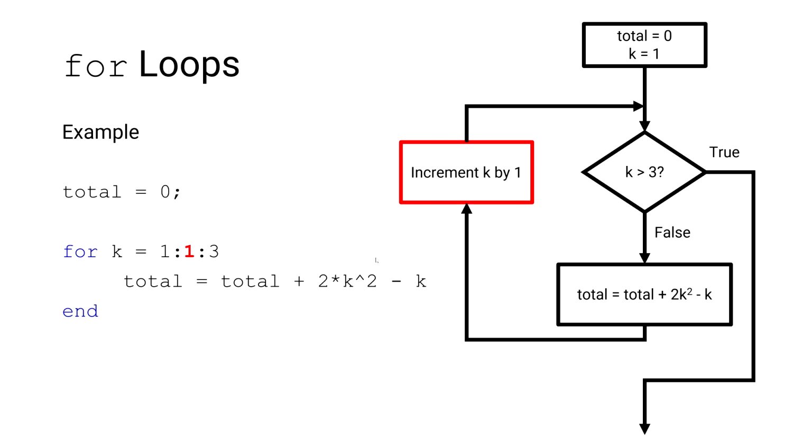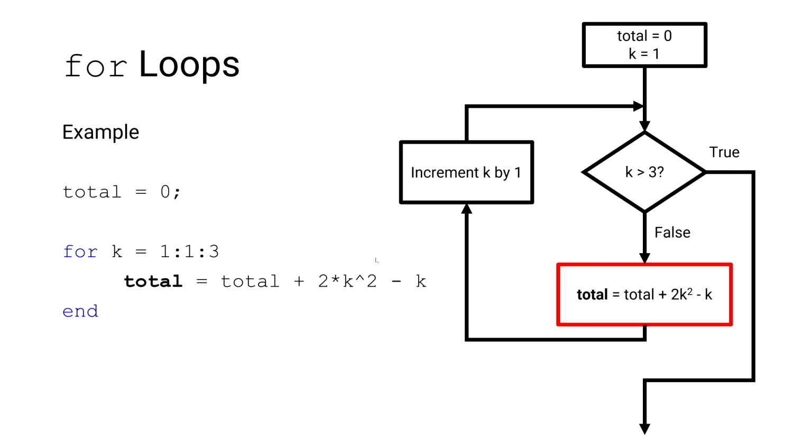Now we increment our loop variable k by 1, and our new value of k is equal to 2. Now our current value of k, which is 2, is not greater than our final or terminal value of 3. So this statement is false, and we again evaluate our total.